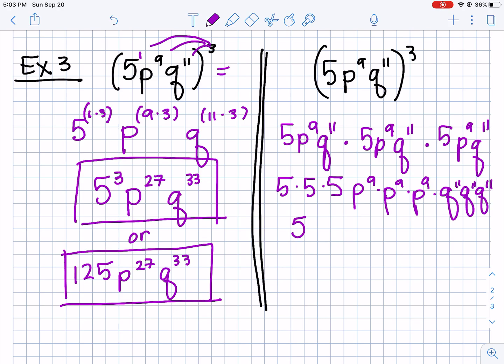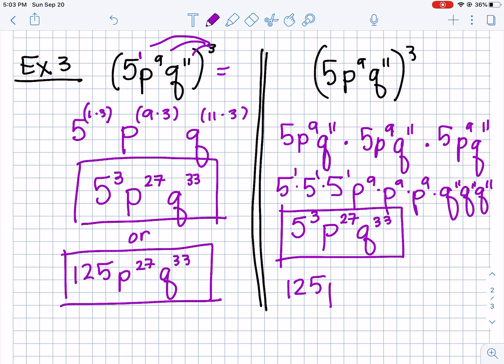So we have 5 to the 1 plus 1 plus 1, 5 to the 3rd, p to the 9 plus 9 plus 9, 3 groups of 9, 3 times 9, 27, and 3 groups of 11, 33. And you see we come to the same answer, and of course you could certainly do that multiplication out and get 125 p to the 27th, q to the 33rd, if you chose. Both are great answers, and I would love it if you give me either one of them.